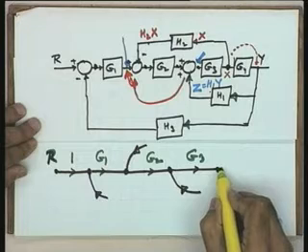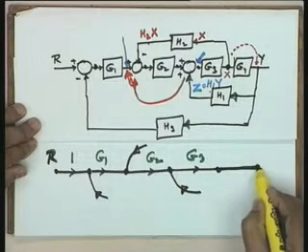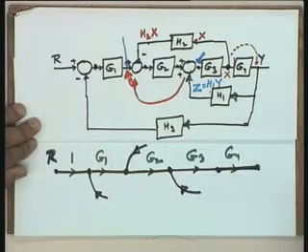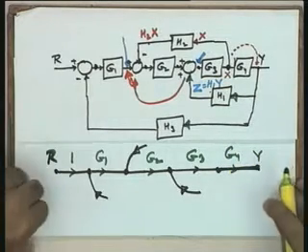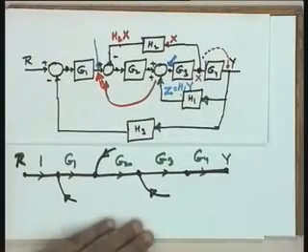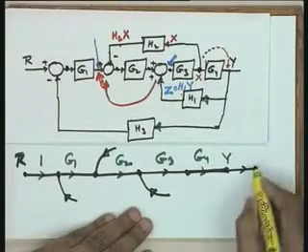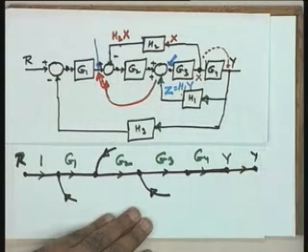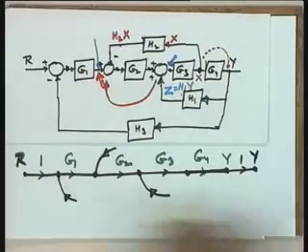Let me complete this path, and let me say that this is G4, and this is the variable y. And as you have agreed that you will not mind my putting a 1 over here, let me take another variable y. So, this is the forward path.